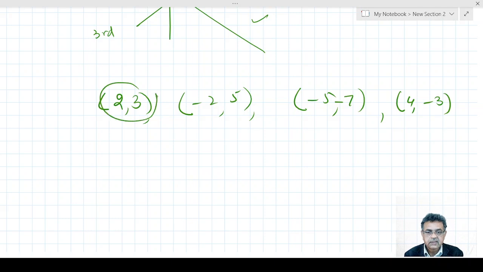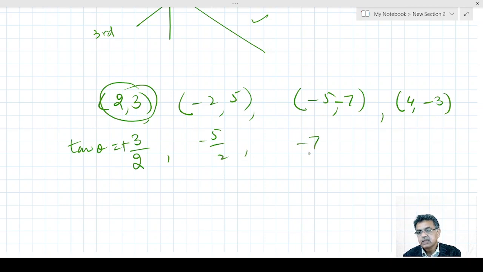So in this first quadrant, y over x, tangent theta is opposite over adjacent, y over x, so it will be positive. And here that will be 5 over minus 2.